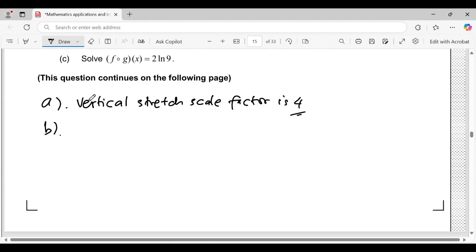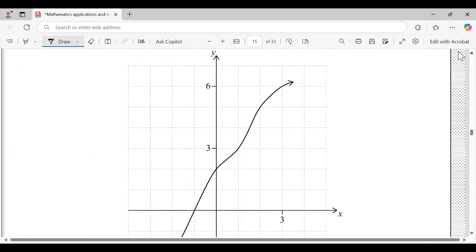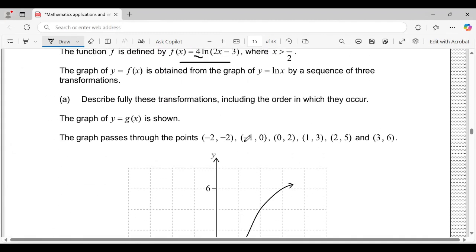From the given points, look at this one: the graph y equals g(x) is on this coordinate point. g(2) is x equals 2, y equals 5.